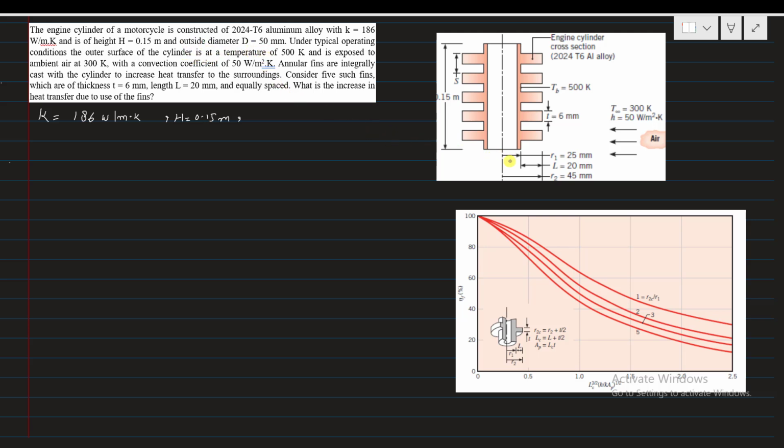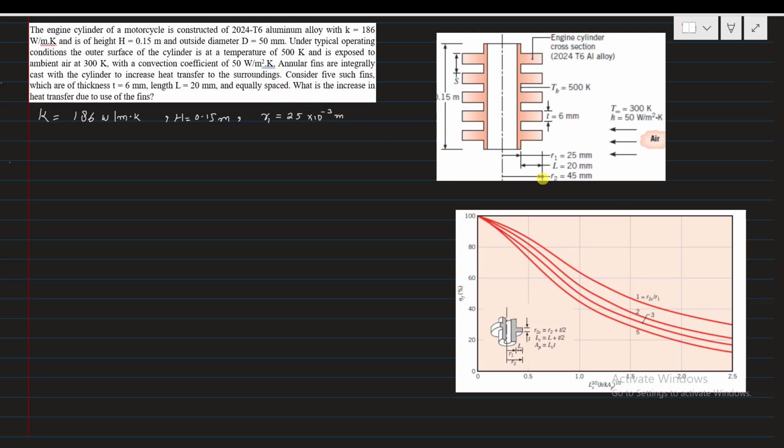So it means R1, the radius of the cylinder from this center line till its outermost wall, that is 25 millimeters. So R1 is 25 times 10 to the power minus 3 meter.